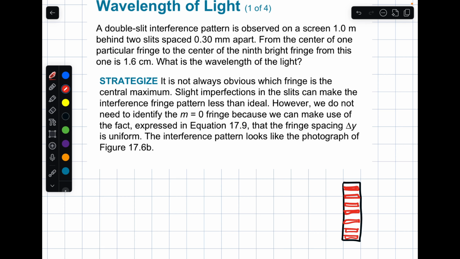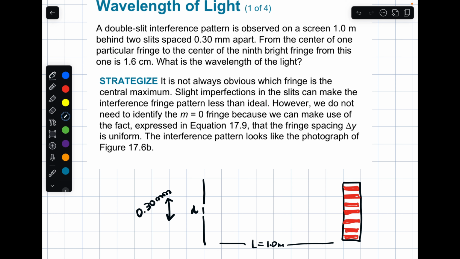And what we know is that the length between the screen and the slits is 1 meter. We know that the distance between the slits is 0.30 millimeters.